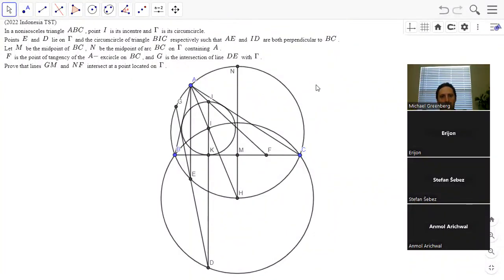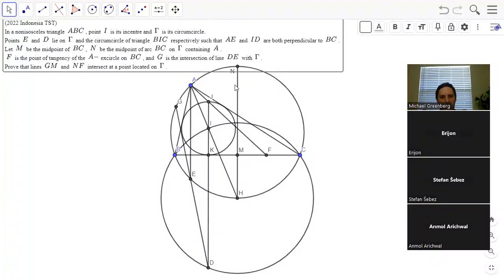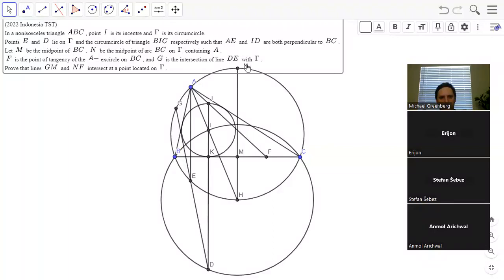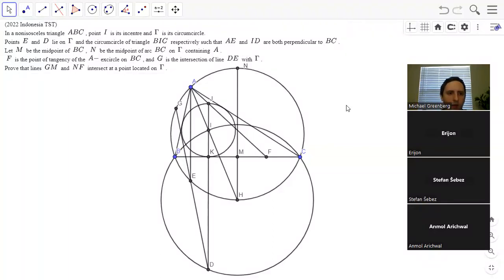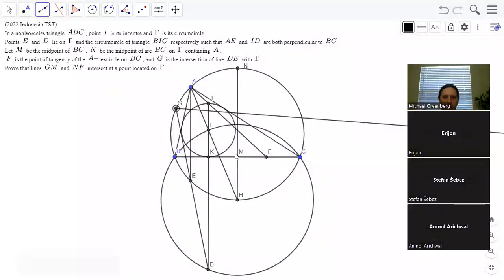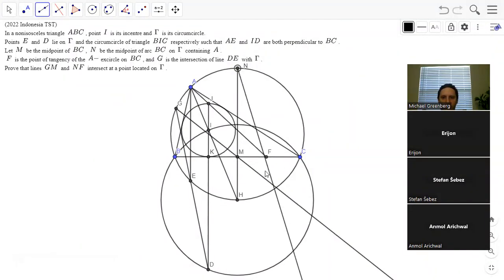All right. So yeah, I don't know if it's worth drawing the X circle. But yeah, we want to show that this and this concur on the circle.